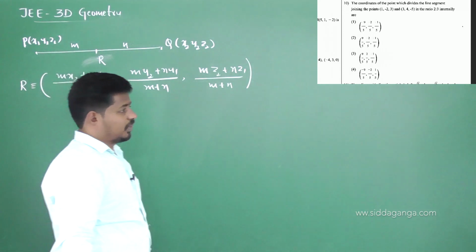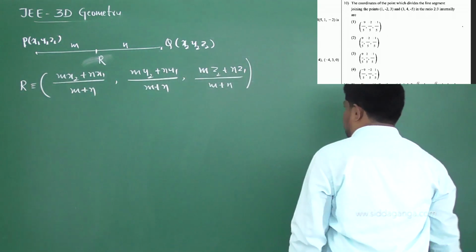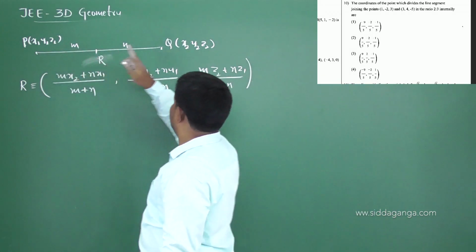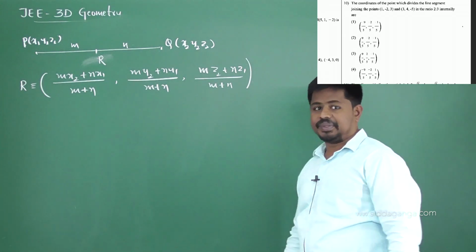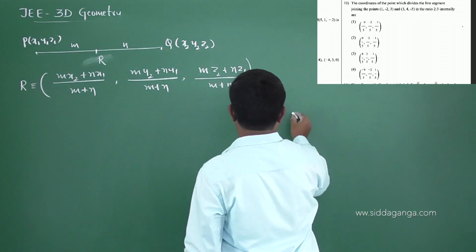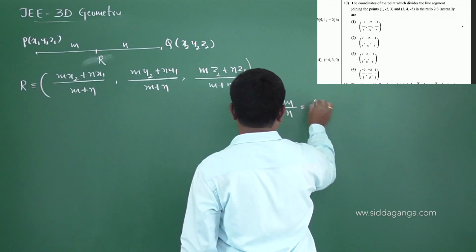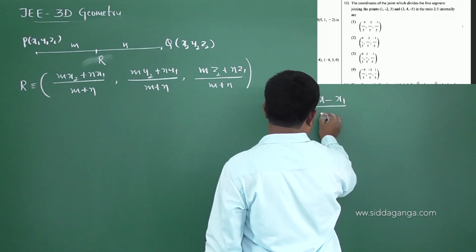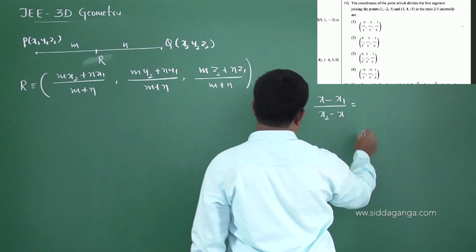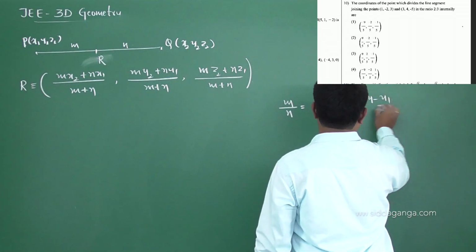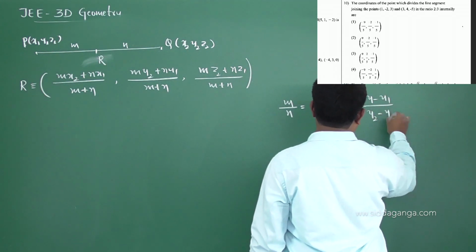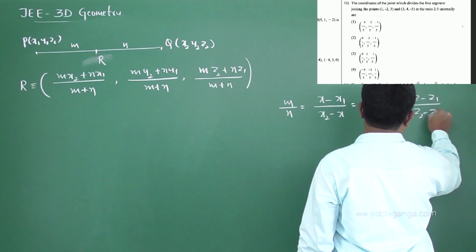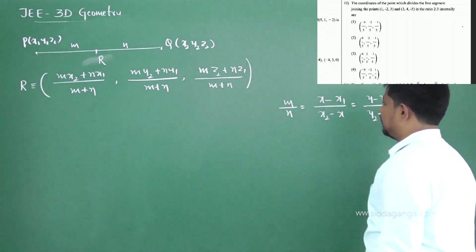And we have one more result, students. Whenever a point R divides (x1, y1, z1) and (x2, y2, z2) internally in the ratio M is to N, the ratio can be found using the result M/N is equal to (x - x1)/(x2 - x), which is equal to (y - y1)/(y2 - y), which is equal to (z - z1)/(z2 - z).